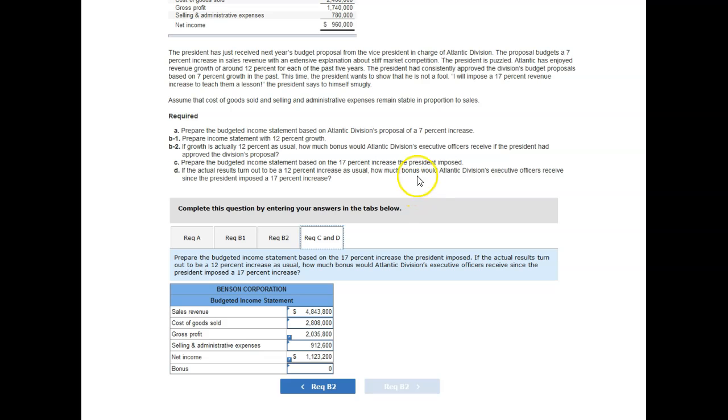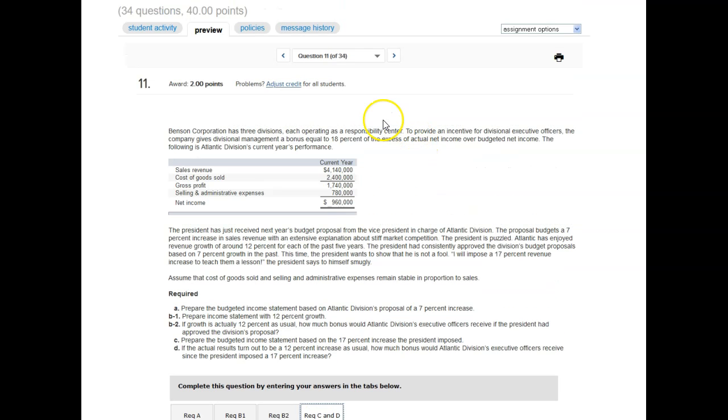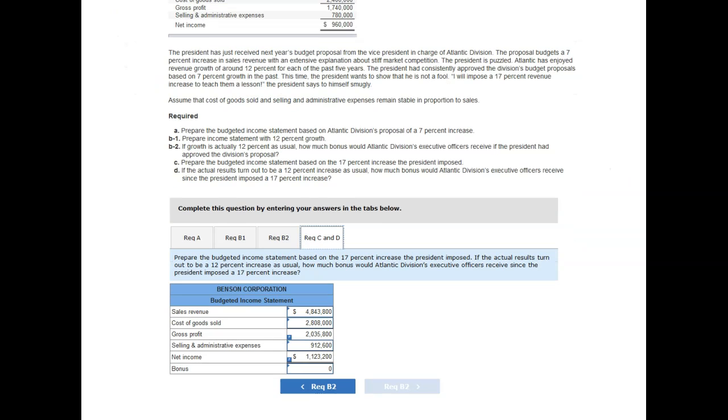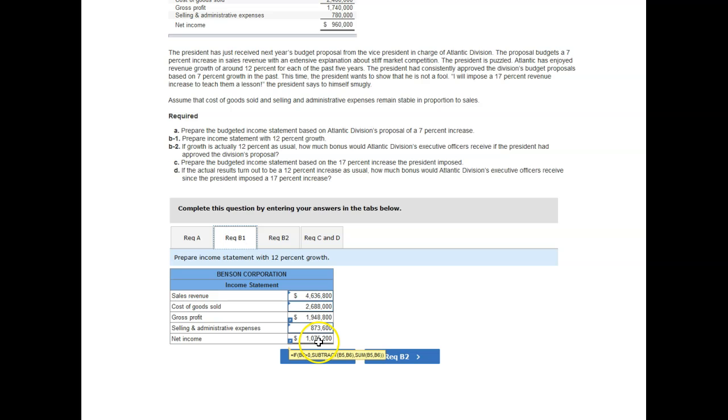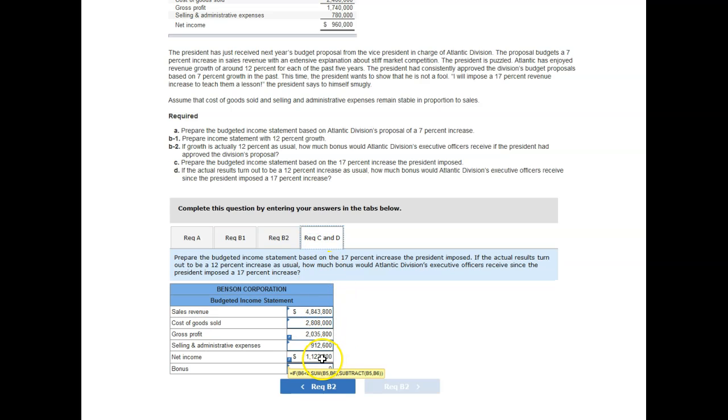Because remember, it says right here, the bonus is equal to 18% of the excess of actual net income over budgeted net income. If there's no excess of actual above this, because the actual is less, there's no bonus. So that's how you work this one. So hopefully that helped you out.